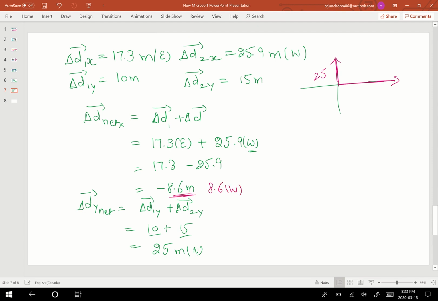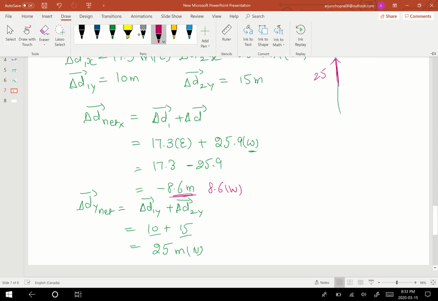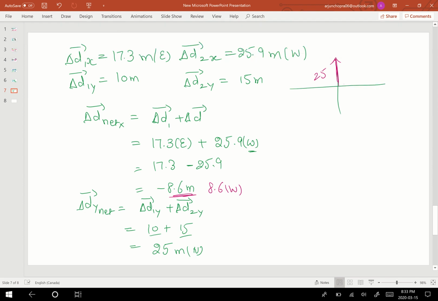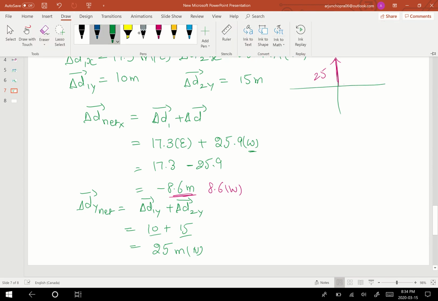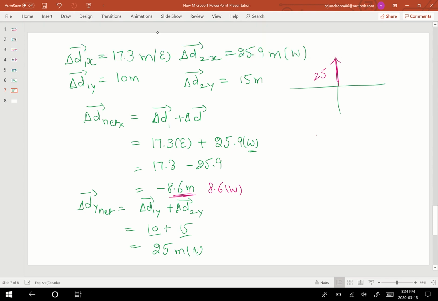So I can't draw it on the east direction, so I'm gonna erase this. Oops, it'll be a long battle for me now. Okay, it will be in this direction like this, 8.6.